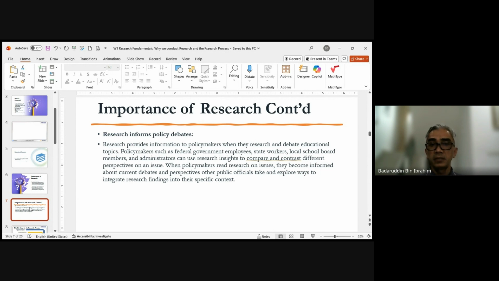Because this is why the research is important. Okay, because research is trying to give some information or insight for the policymaker, in order for them to review or revisit the current policy or the current rules or act that maybe need to be revisited.